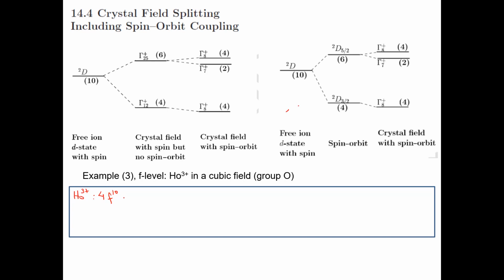It has 10 f electrons from the 14 possible, and 5s2, 5p6, and if we use Hund's rule, we can find the ground state configuration of the holmium 3+ ion corresponding to the quantum numbers S equal to 2, L equal to 6, and J equal to 8.